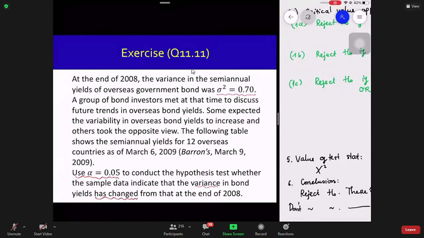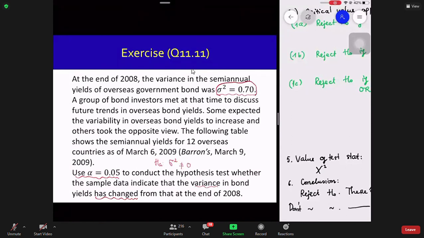So if you look at here, it asks us to conduct the hypothesis test whether the variance has changed. So it means that we will have to find H1 here, variance different, so change.